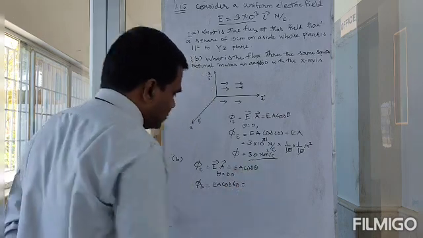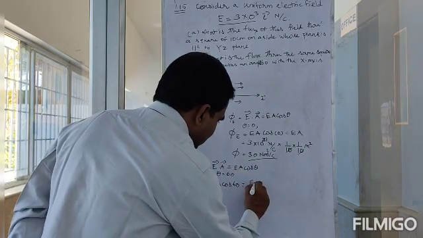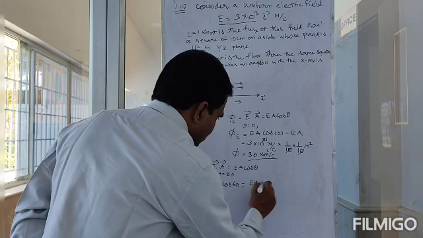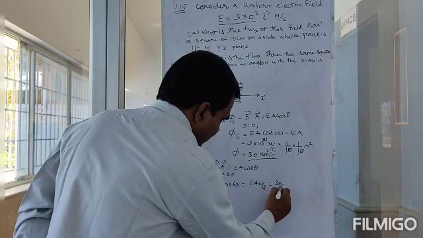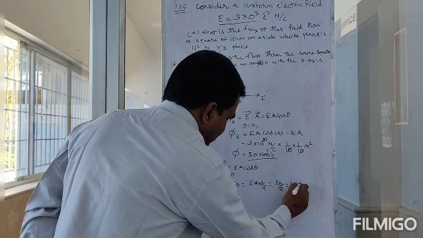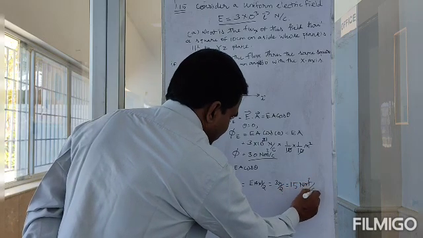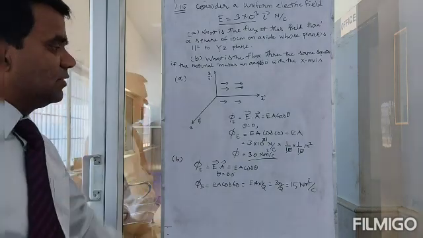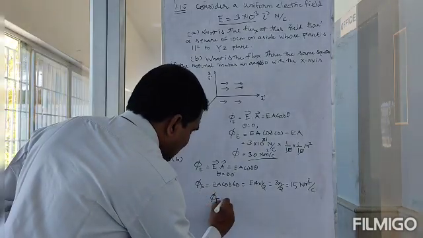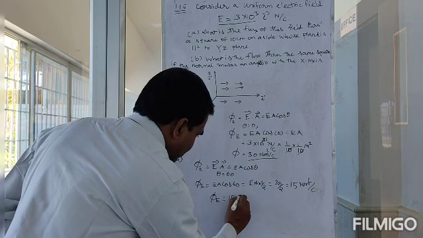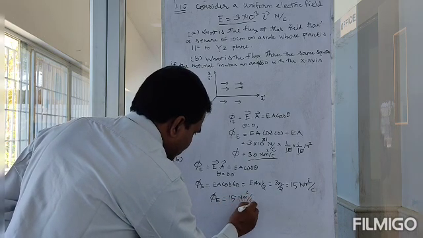Cos 60 is 1 by 2, so E A into 1 by 2. E A is already calculated to be 30, and 30 by 2 is equal to 15 Newton meter square per coulomb. So the answer here is phi E equal to 15 Newton meter square per coulomb.